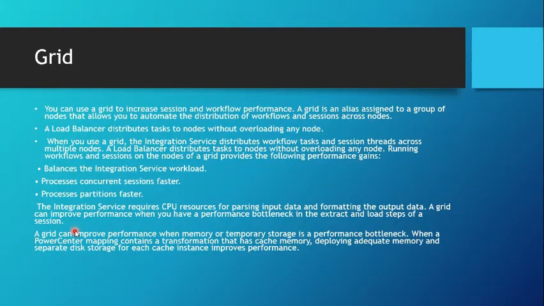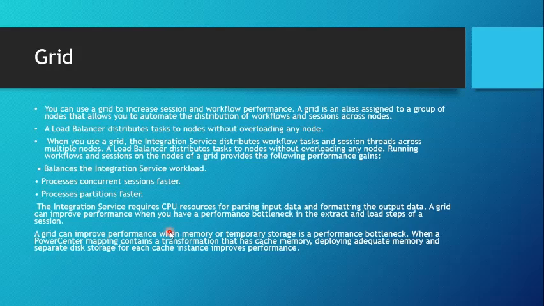A grid can improve performance when memory or temporary storage is a performance bottleneck, when a PowerCenter mapping contains a transformation that has cache memory. In this case, we are going to improve your cache memory as well.